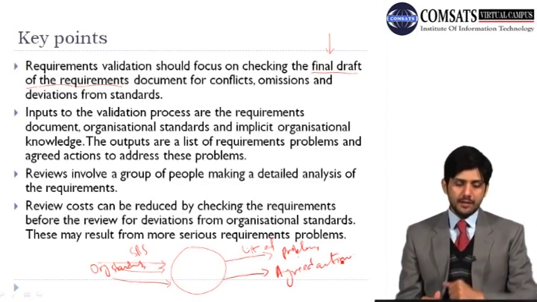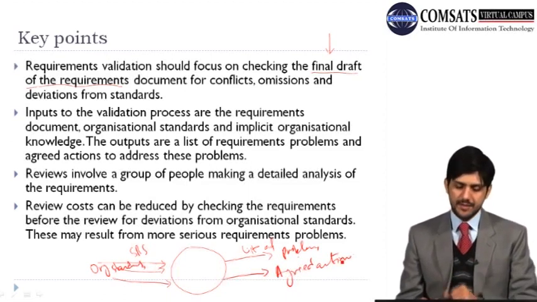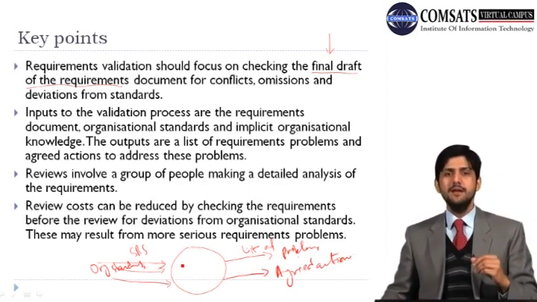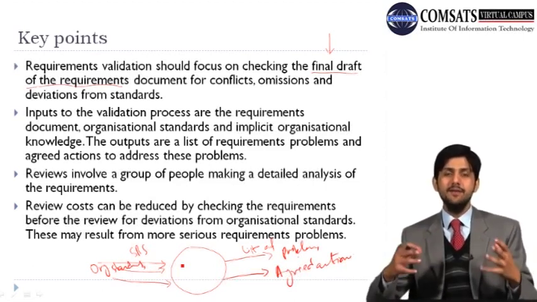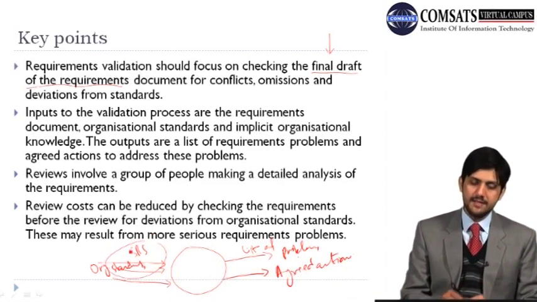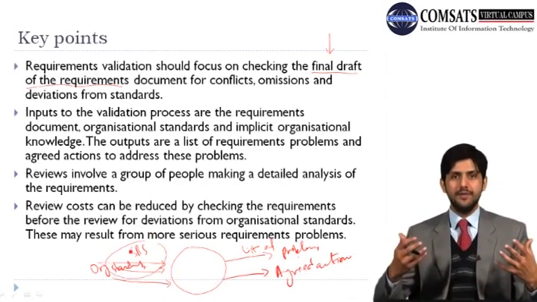Then the review involves a group of people making a detailed analysis of the requirements. So we looked at the overall review process, and we said that the review process is a planned activity. We plan it, we distribute these documents, which are the SRS and organizational standards, to all those people, and then they prepare for the review meeting.